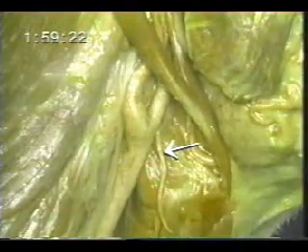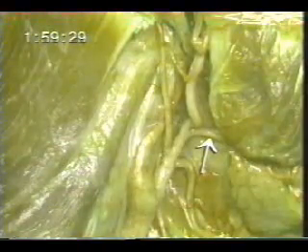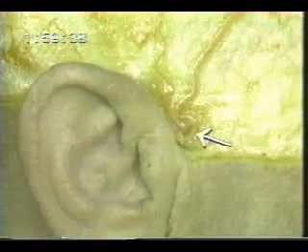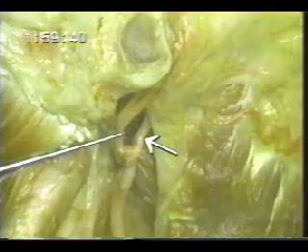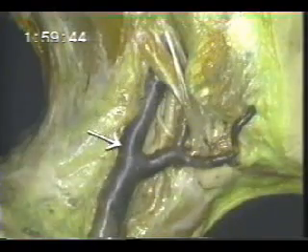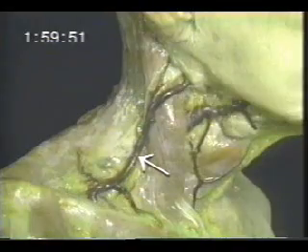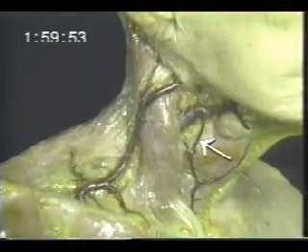Here's the superior thyroid artery, the lingual artery, the facial artery, the occipital and posterior auricular arteries, the ascending pharyngeal, the superficial temporal, and maxillary arteries. Here's the internal jugular vein, the common facial vein, the external jugular and anterior jugular veins.